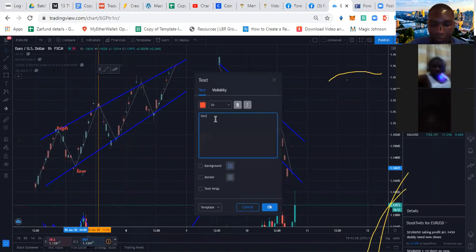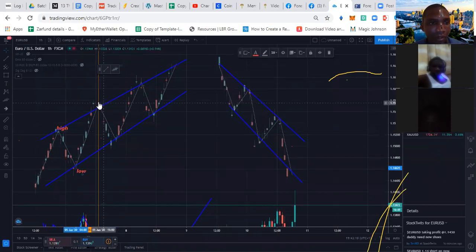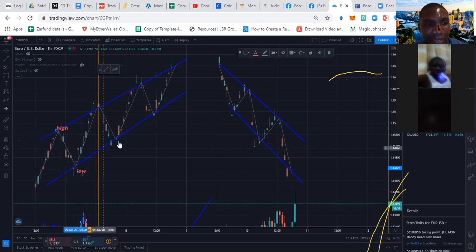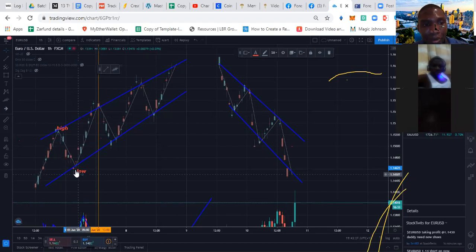This is the low. This is the high. This is the low. This is the high. This is a low. This is a high. This is a low. Now, when you are in an uptrend, you will see that the lows are increasing. They are going up. So we say you have a series of higher lows.